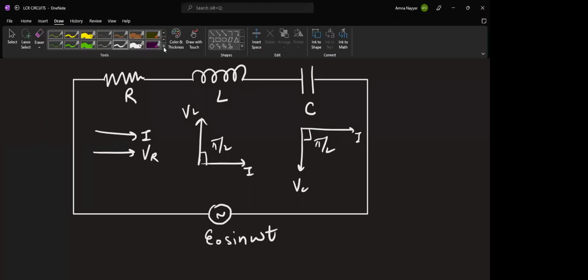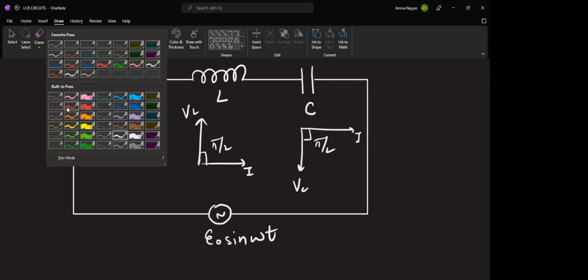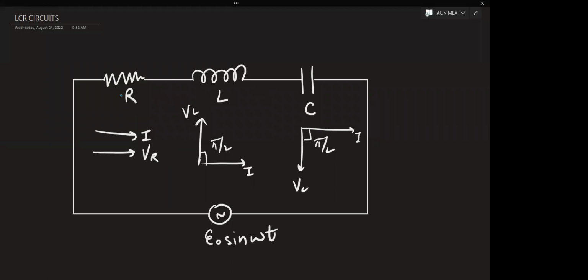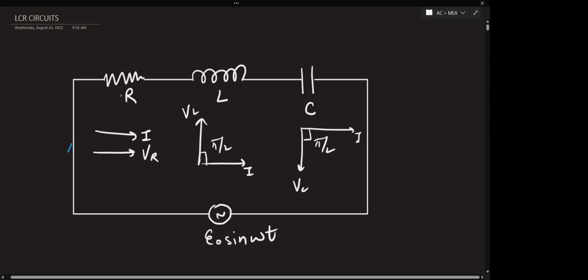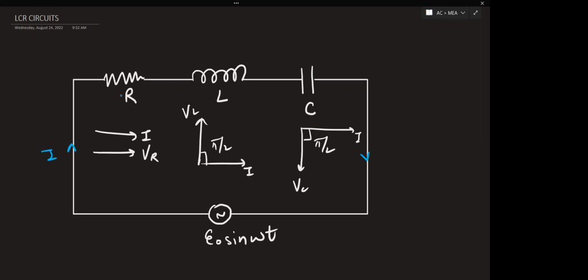Now, if I talk about the voltage across this resistor, let's say the current of this entire circuit is I. So if current is I, resistance is R. Hania, can you tell me what will be the voltage across this?